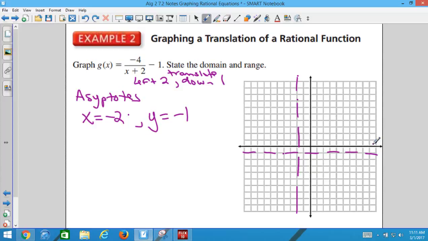Now all you have to do is find a couple ordered pairs, just so you have some reference of how stretched it is. But you don't have to find 20 ordered pairs. Just find a couple of them and make those branches. So to find the ordered pairs, we'll just make a table.